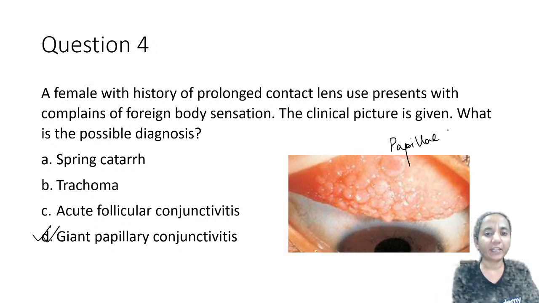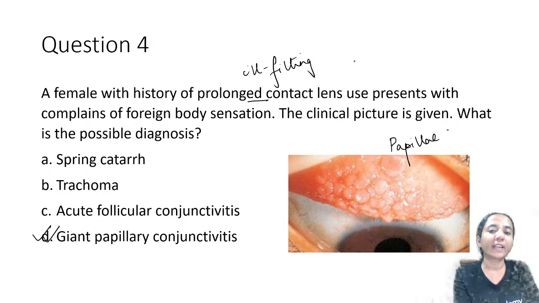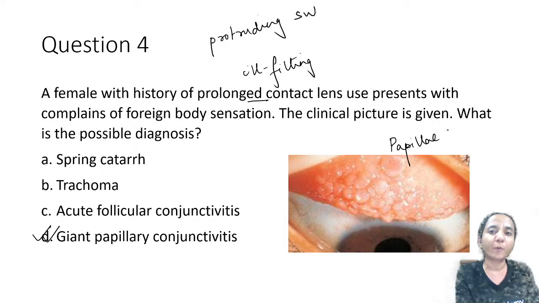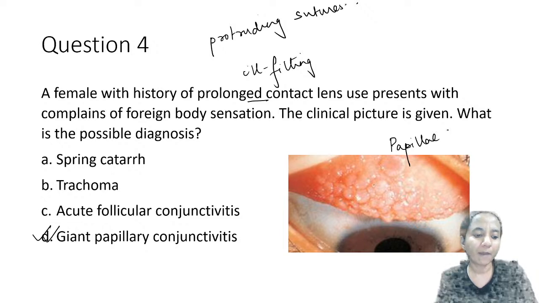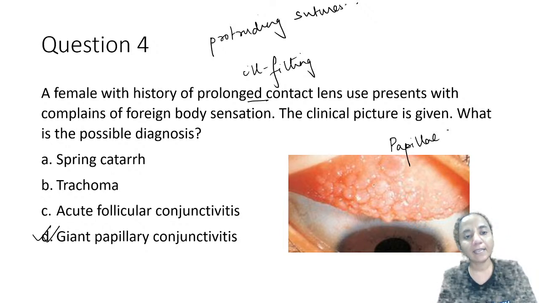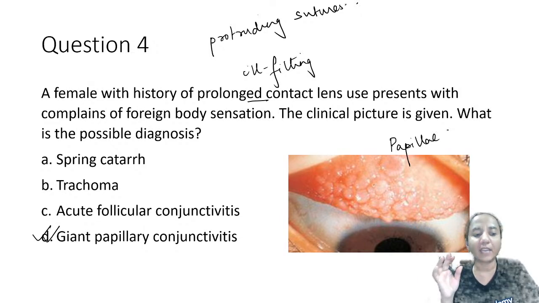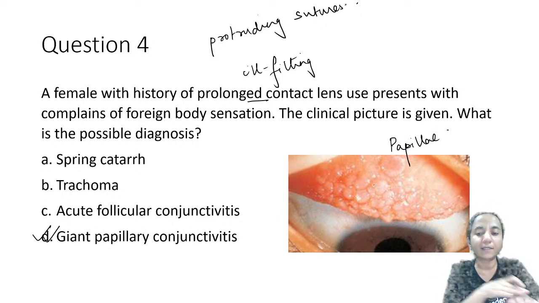So, if you have an ill-fitting or prolonged use of contact lens, or suppose there are protruding sutures after a surgery which are constantly irritating the conjunctiva, these conditions give rise to this kind of an allergic reaction on the upper tarsal conjunctiva, because every time the patient blinks, the conjunctiva rubs on this surface, and it gives rise to this allergic reaction which is called giant papillary conjunctivitis. Okay? Next question.